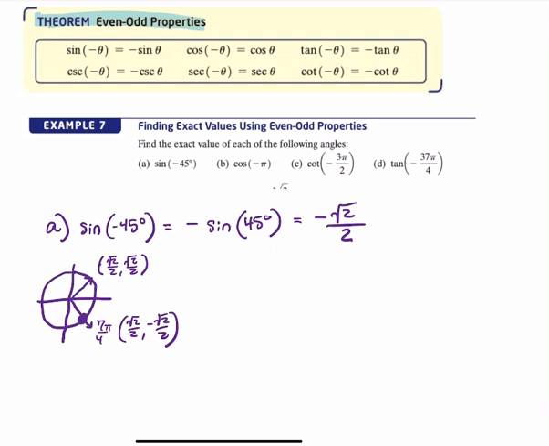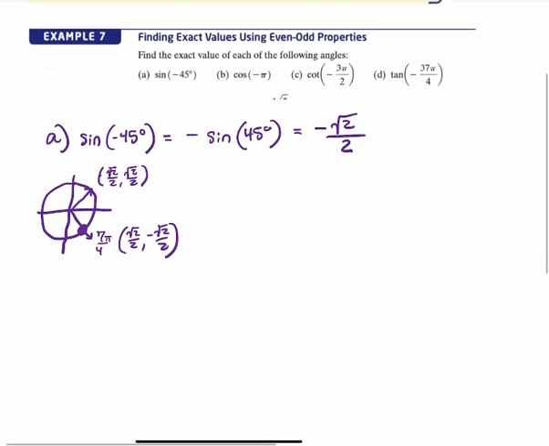So sine and the cosecant have this property where it's almost like the negative can be pulled out in front. And notice tangent and cotangent also have this property. So we could do a similar argument as what we did here. But the cosine, let's think about that one. So let's think about example B. We have the cosine of negative pi.